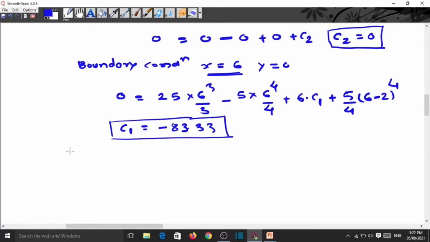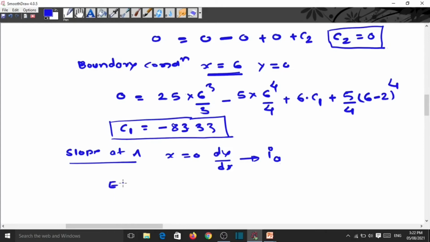Then our aim is to find the slope at A. For that we have to put x is equal to 0 in dy by dx, which becomes the slope at A. So now we are putting here the equation first.